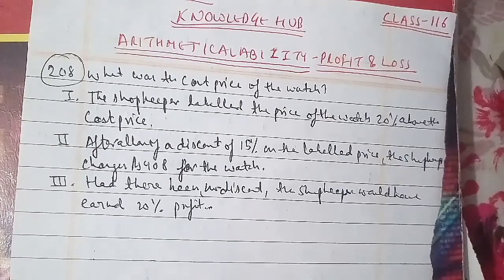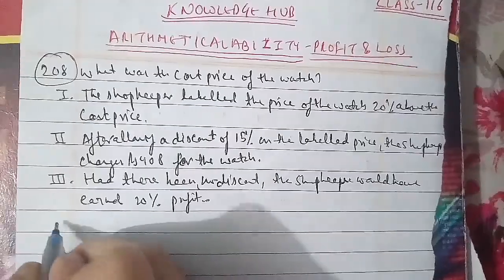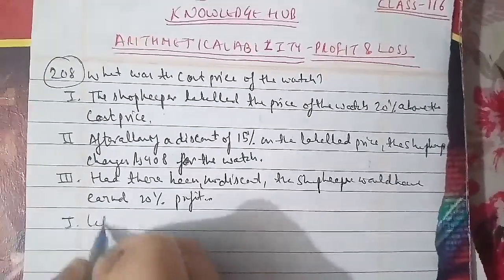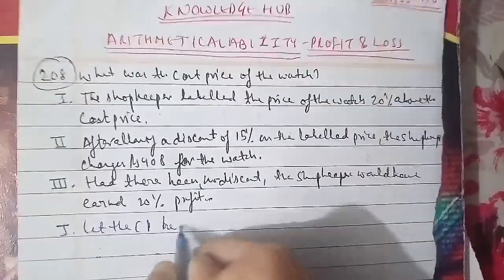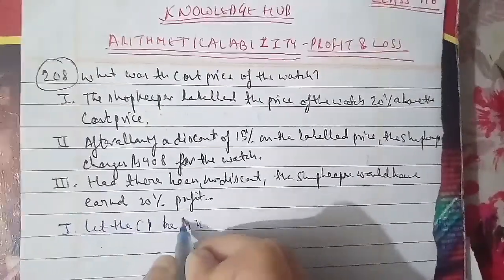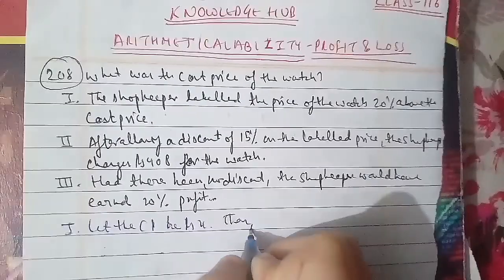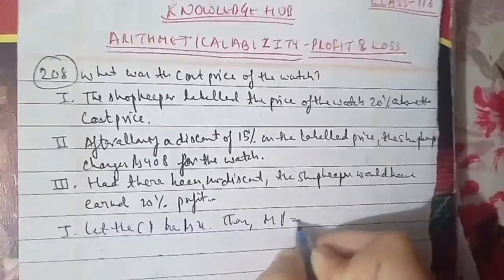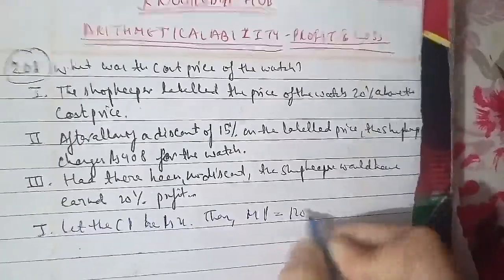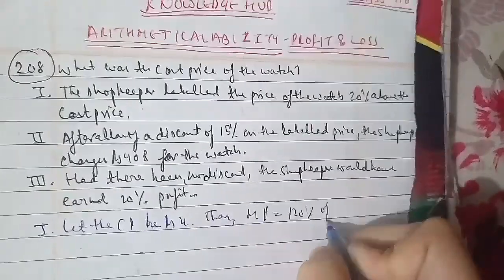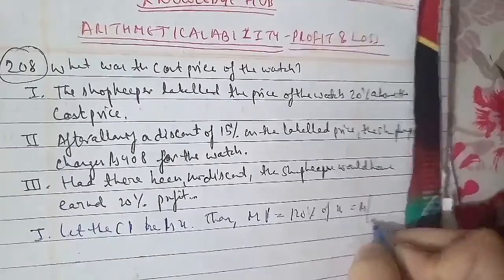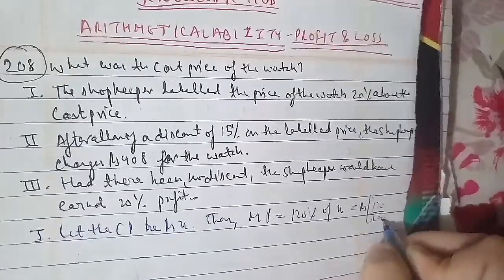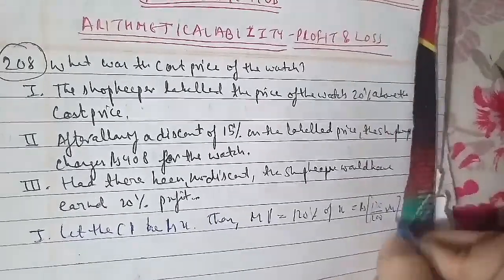According to the first statement, let the cost price be rupees X, then the marked price equals 120% of X, which equals 120 upon 100 into X, which is rupees 6X upon 5.